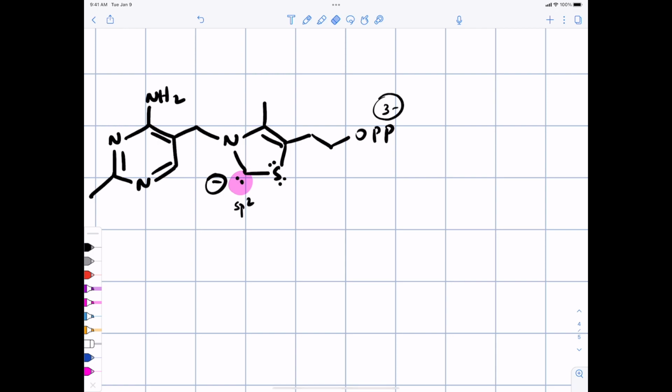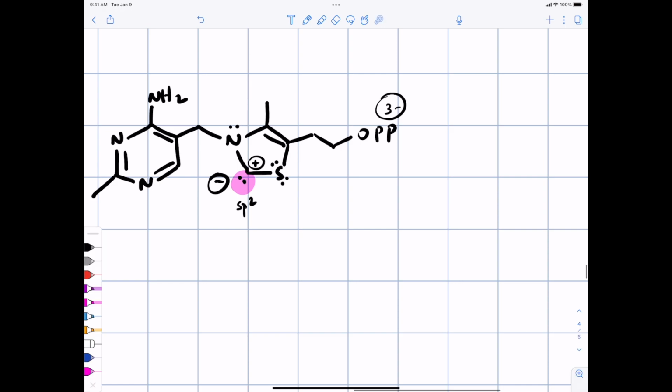So I can move these electrons from the lone pair onto that nitrogen. And then it's as though you have here a carbon that has a positive charge in an empty p orbital, but on the same carbon, a negative charge in an sp2 orbital. In other words, the same carbon is both a nucleophile and an electrophile. At this point, sometimes people drop the charges entirely and just use that structure.